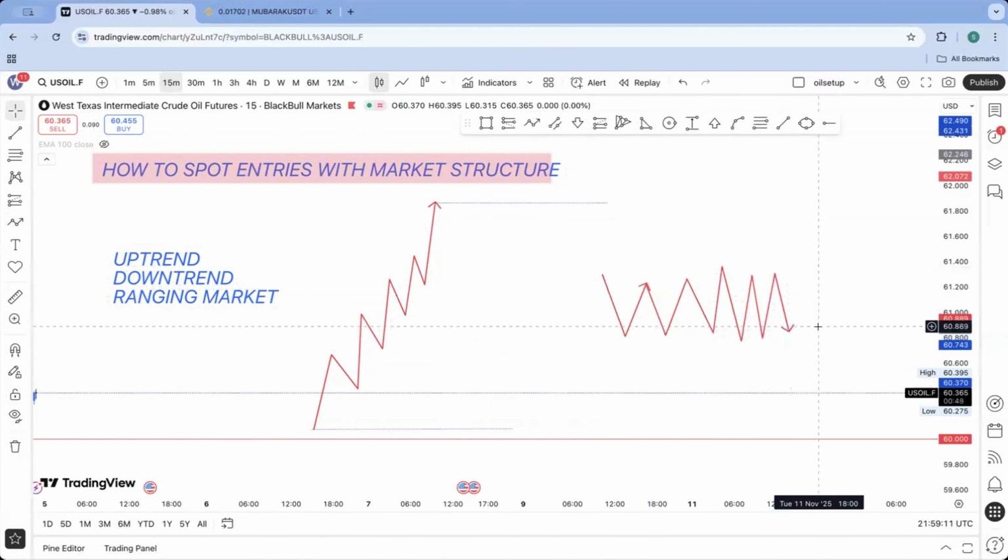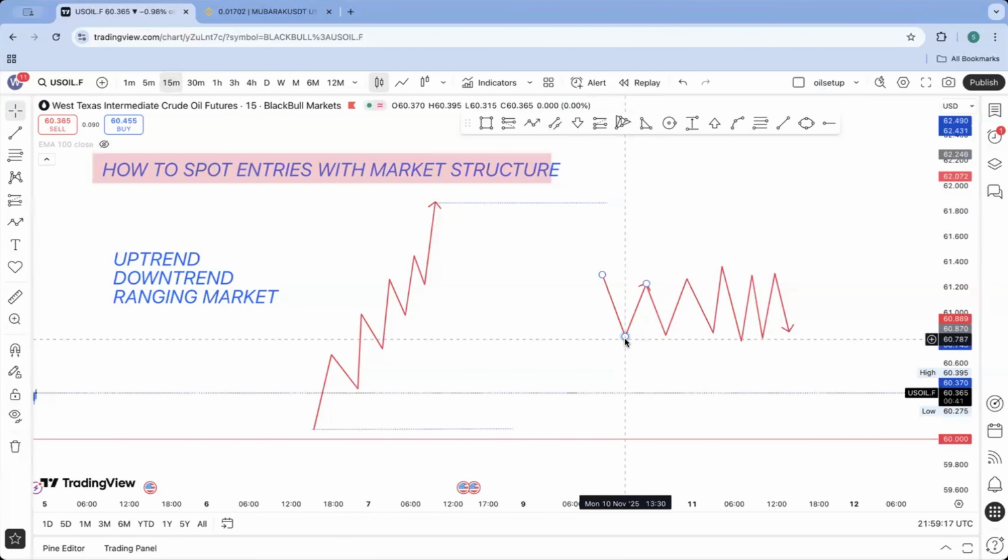So in this case, the best option is to ignore. There are lots of instruments or asset classes on the market that you can trade. Let's say you trade GBP USD, and GBP USD is currently consolidating or moving sideways, or we can call it a ranging market. If it is in a ranging market, we don't want to waste our time. You can go to a different pair where you can trade.